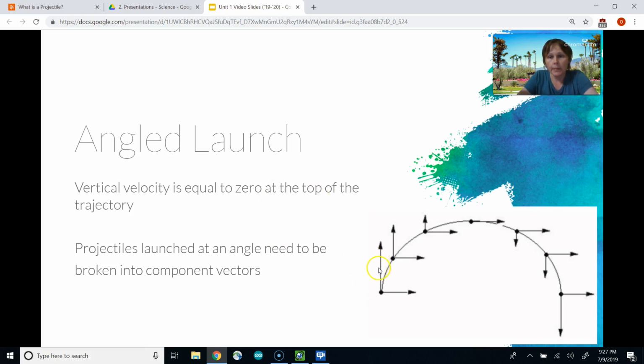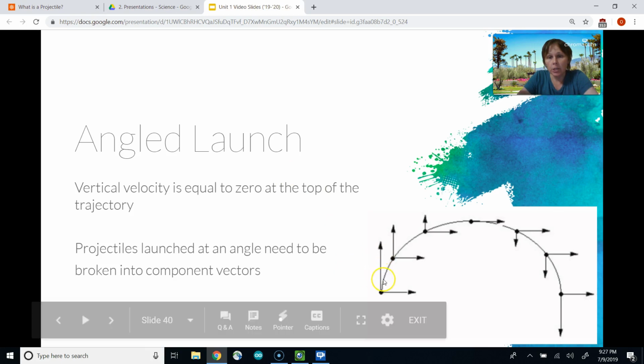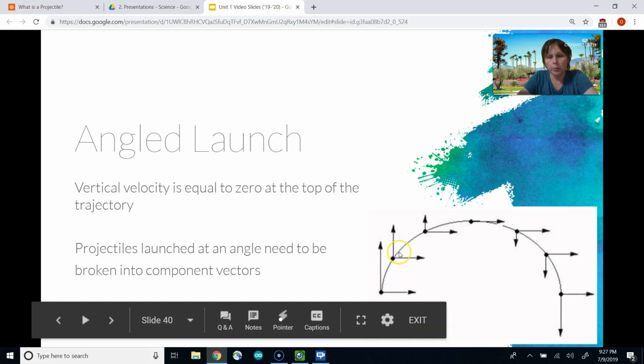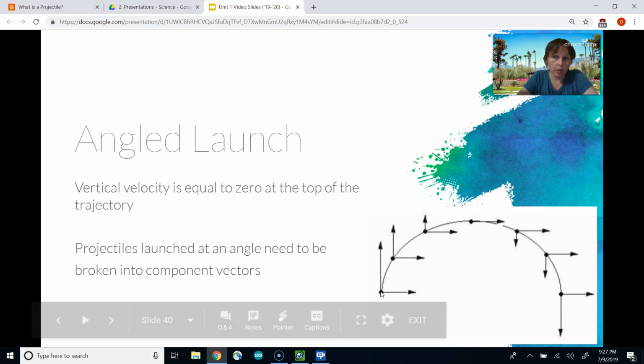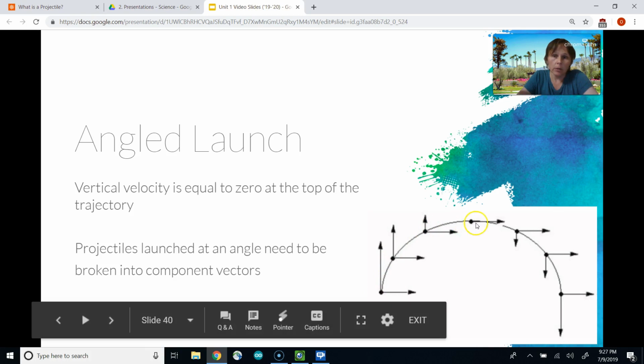So the sum of the vertical and the horizontal components will be equal to the initial projectile velocity at the point where it is launched, and at every point on the way of the trajectory.